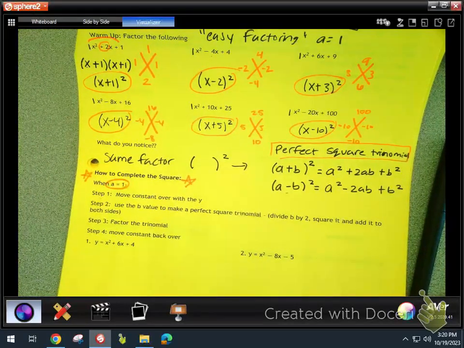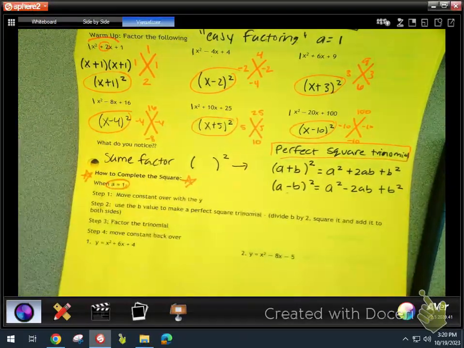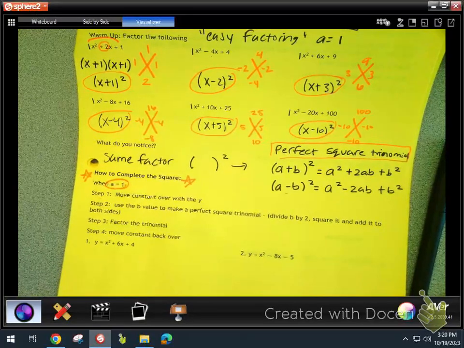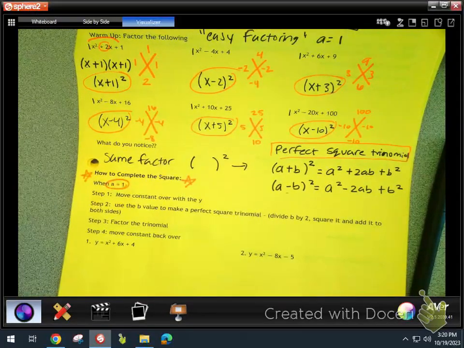The good news is this is a lot faster process than factoring. It's not as much like multiplication facts that you're racking through your head trying to do that puzzle. But you have to know the steps and what order and how to do it. The mathematics behind it isn't wild.